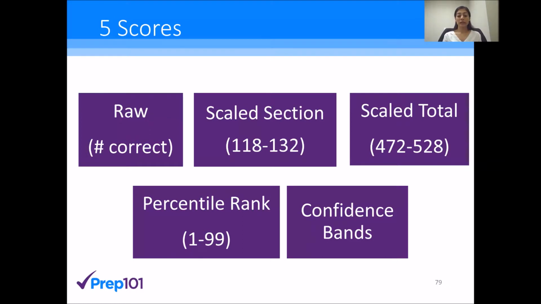So again, these are the 5 different types of scores. You will not be able to see the raw scores, and the confidence bands are something that will appear on your score report kind of as a range. The other 3 are what you should gear your studying towards. So let's talk about those in a little more detail.